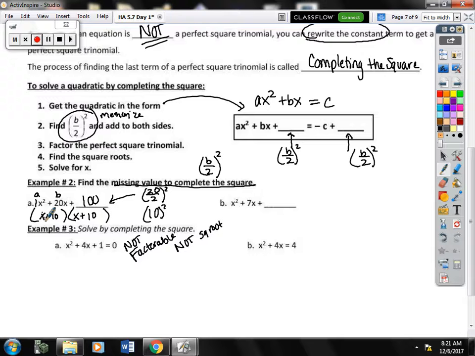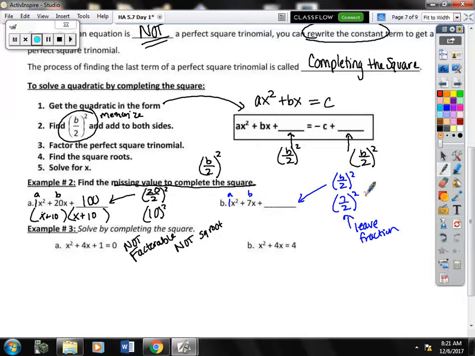Okay, now the next one, a is 1, b is 7, so I'm going to do b divided by 2 squared. Now you probably don't want to make this 3.5, even though 7/2 is 3.5. If you have to square 3.5, most of you don't know what that is, so you'd have to do long multiplication up to the side with no calculator. So leave this as a fraction and square the top and square the bottom.